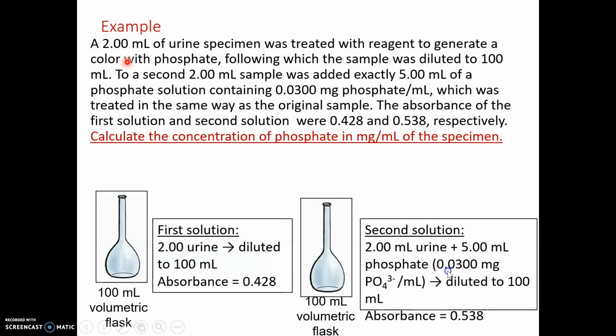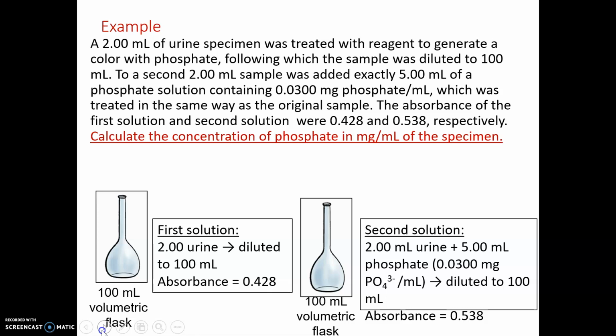This is an example of the single point standard addition method. We have 2 flasks. A 2 ml urine specimen was treated with reagent to generate a color with phosphate, following which the sample was diluted to 100 ml.